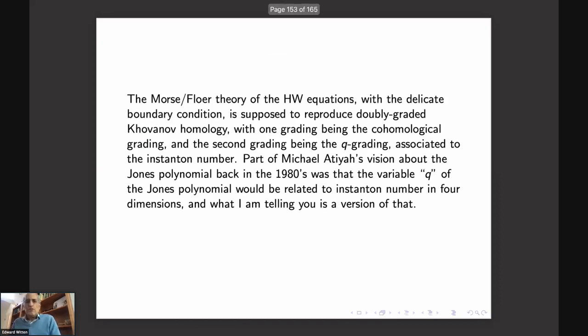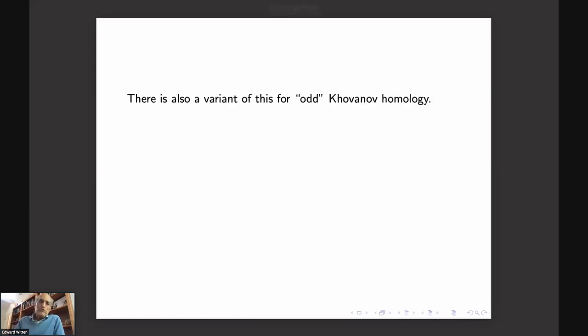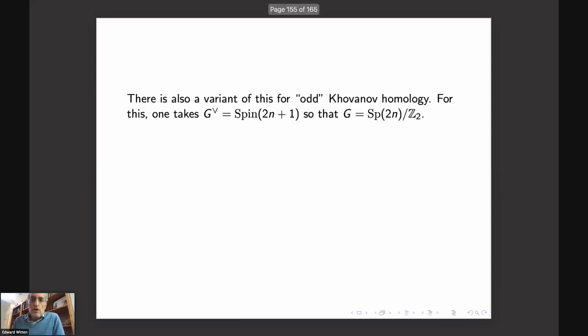Now, so I've perhaps whizzed through this too fast, but this is supposed to be Khovanov homology and its generalization for other groups and representations. There's also a variant of this for odd Khovanov homology. For this, you take the dual group to be Spin(2n+1) for some n. So that means G, which is the gauge group in the description I've been giving you in this lecture, is Sp(2n) mod Z2.